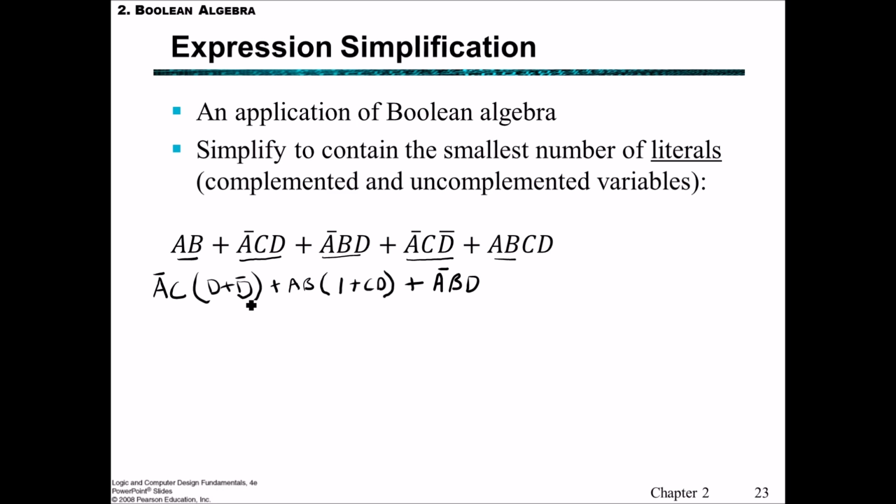And then we can notice that D or not D is the same as 1, so this is not A C, and 1 or C D is the same as 1.